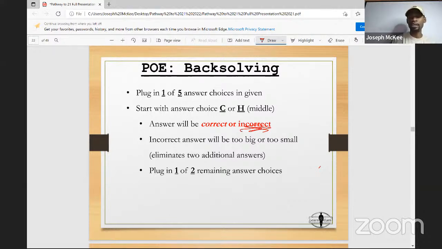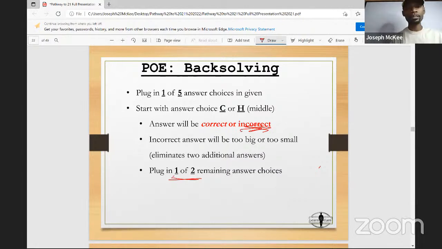If it's too big, we look for the other two answer choices that are bigger than that particular answer, and we eliminate those. If it's too small, we look for the two smaller answer choices. So in a sense, by starting with C or H, we're looking to get rid of 3 incorrect answers. Then all we have to do is choose one of the remaining 2 and plug it into the equation to see if it works.